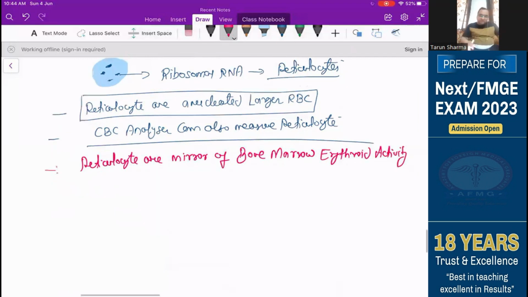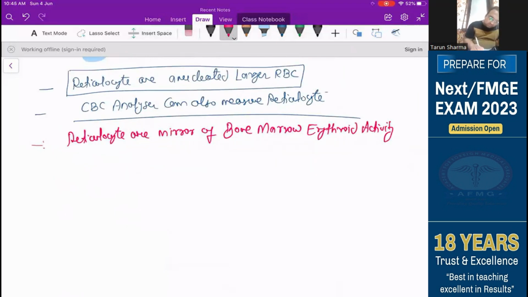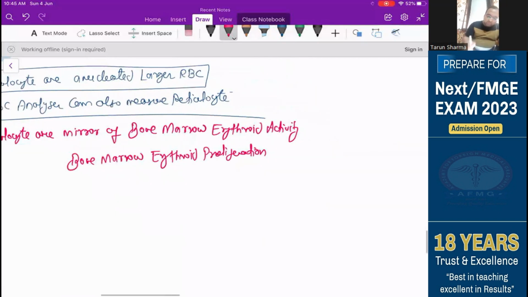Okay, so if the bone marrow is active, if the bone marrow has erythroid proliferation, then the reticulocyte count will increase in peripheral blood. If there is bone marrow erythroid proliferation, then reticulocytosis will be seen.